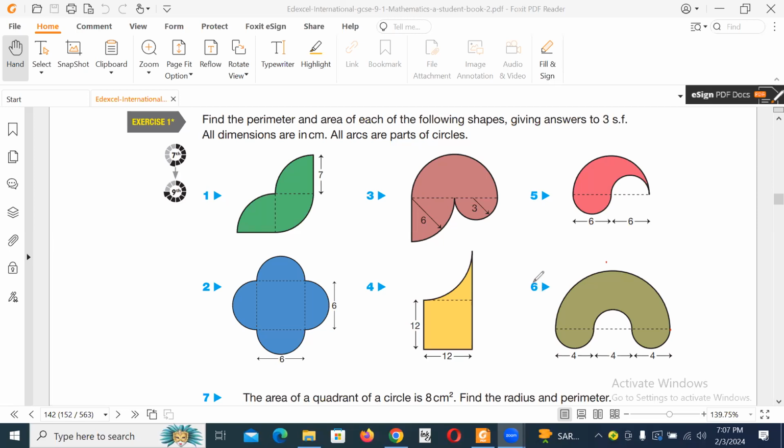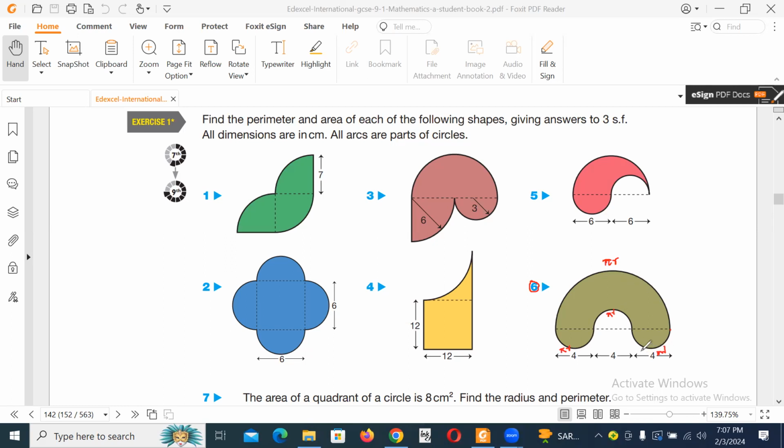Now we try question number 6, and in this question we have the outer part, because in the perimeter we add all the outer lengths: pi r. This one is also pi r, this one is also pi r, and this side we also call pi r, but in each case we have to identify what r is.